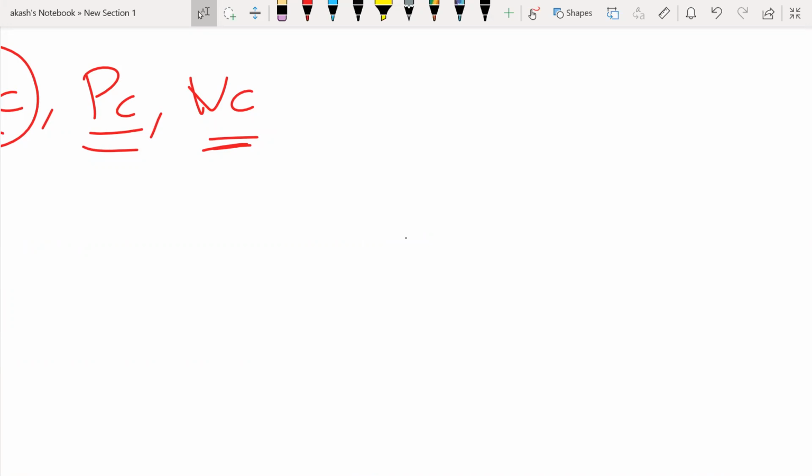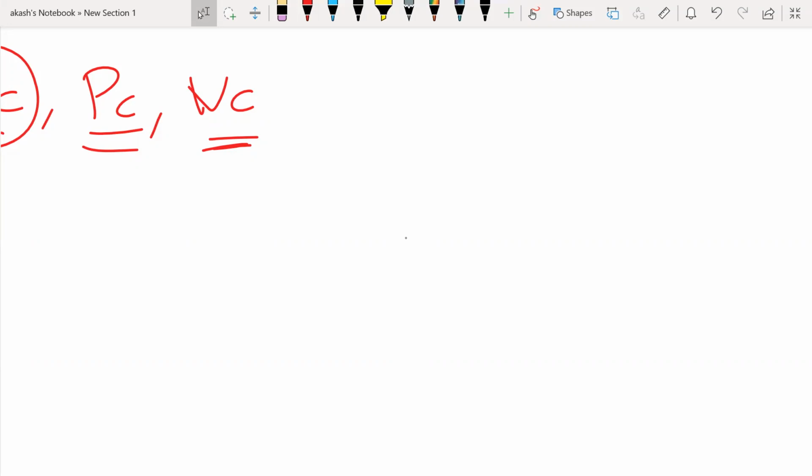One thing is about the interactions: kinetic theory says there's not going to be any interaction. The next thing is about the volume: compared to the whole vessel's volume, the individual gas molecules' volume is pretty negligible.